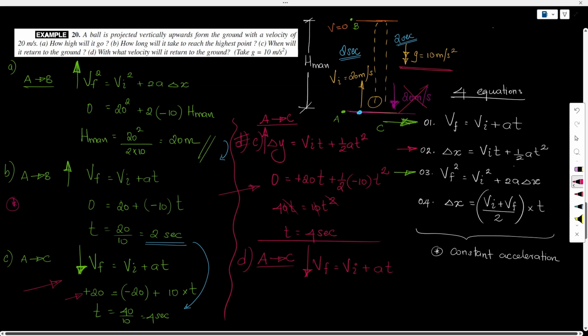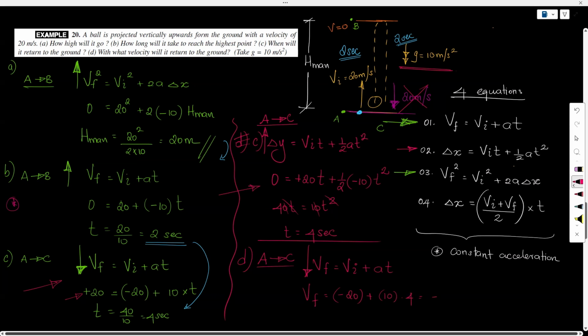But you can use it in the upward direction as well, as I showed you earlier. So final velocity, I do not know. Initial velocity is upwards, but I'm considering anything down as positive, so it is minus 20. Plus acceleration is pointing down, and I'm considering anything down as positive, so that is 10. And time is 4 seconds, right?